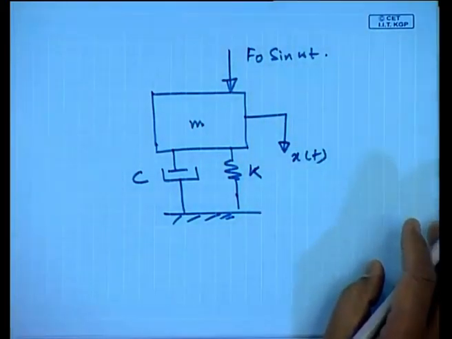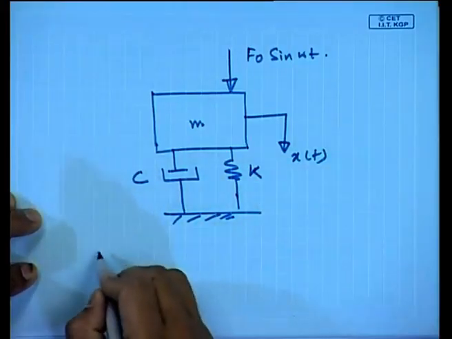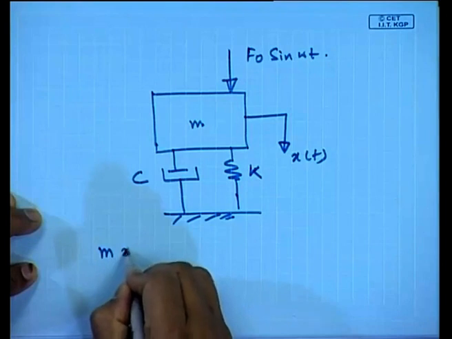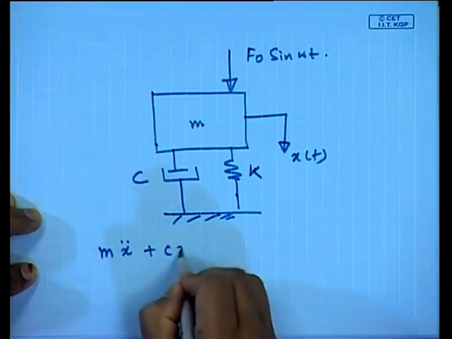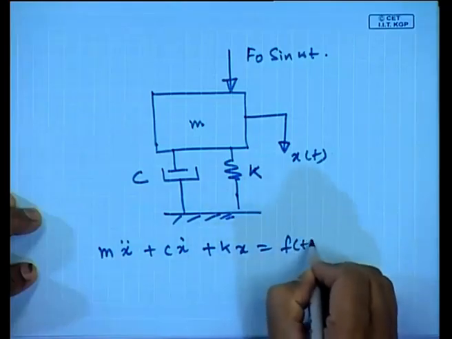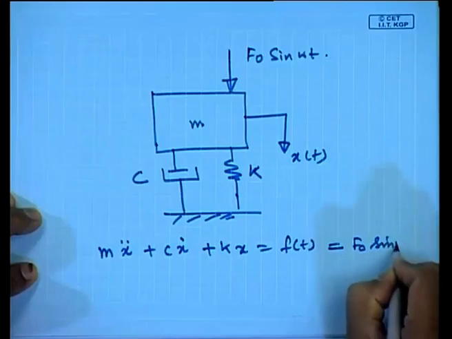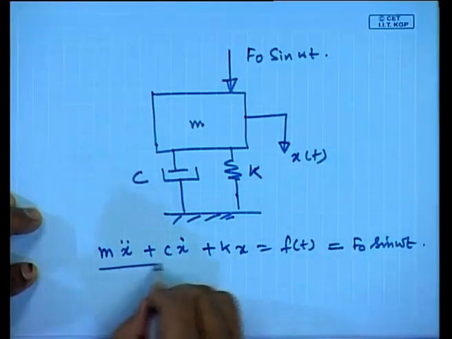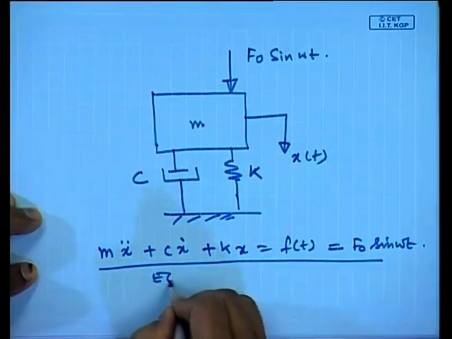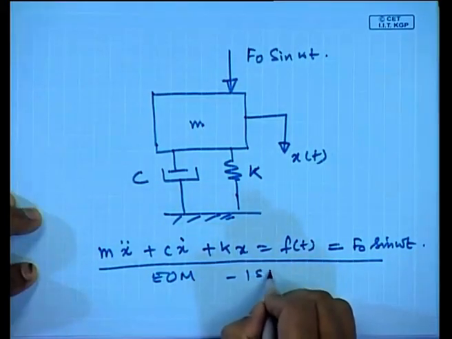If I were to write the equation of motion of this body, I could write it as m x double dot plus c x dot plus k x is equal to f(t). In this case, it happens to be sin omega t.